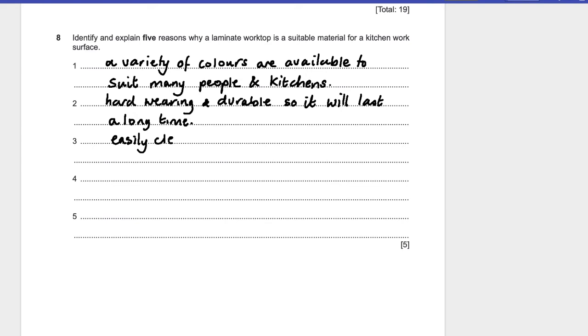Laminate worktops are easily cleaned. This will prevent contamination from microorganisms and bacteria that may reside there.